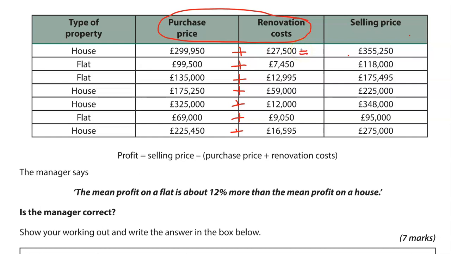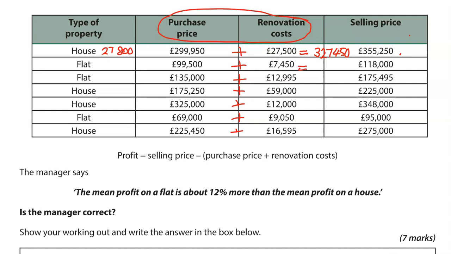So adding these two amounts together gives me £327,450. Taking that away from this amount gives us £27,800 for the first property.